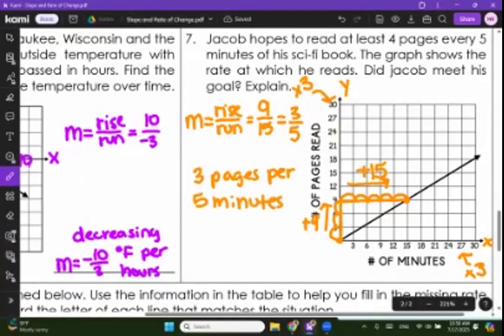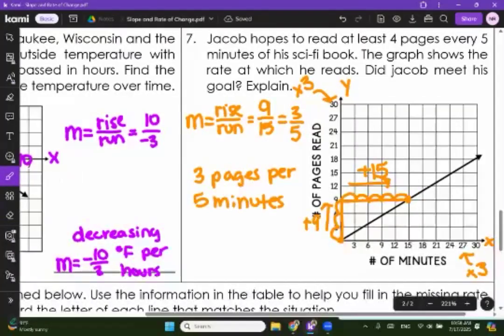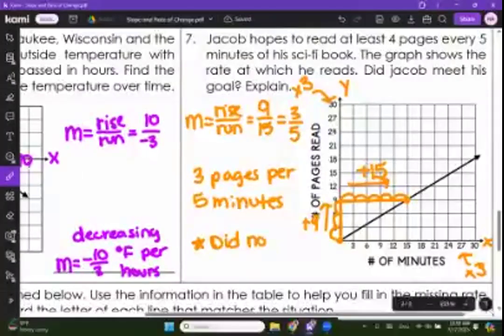The goal was to read 4 pages every 5 minutes. He's only reading 3 pages per 5 minutes, so he did not meet his goal. He did not meet his goal.